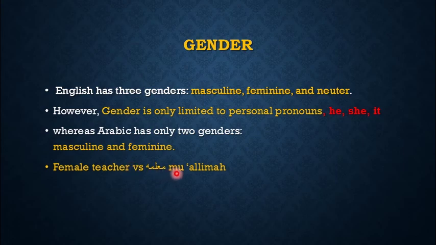However, in Arabic, we have here the noun معلمة, and here you can determine based on the form only whether the word is female or male, because you have here ta'nif. This is a mark, or the inflection, that specifies the femininity of the word.